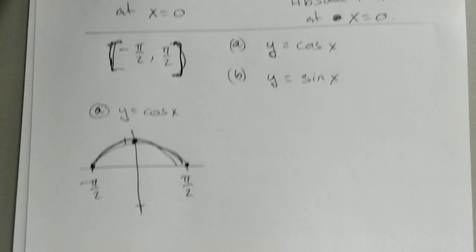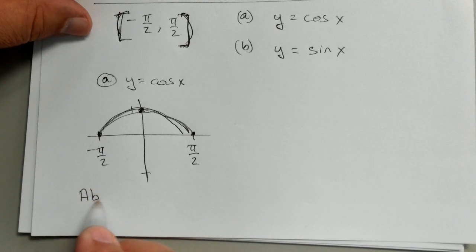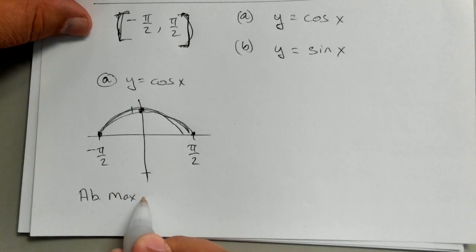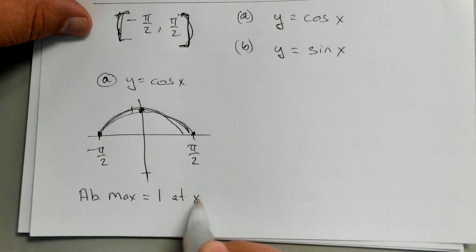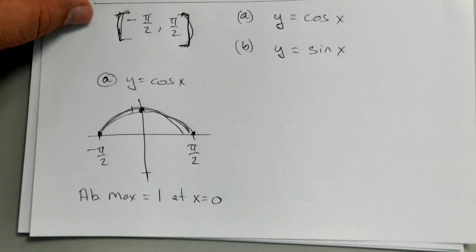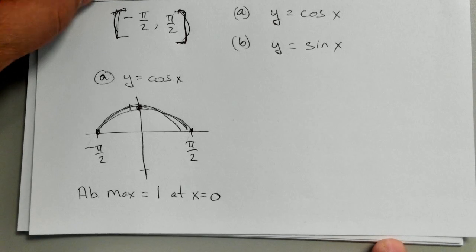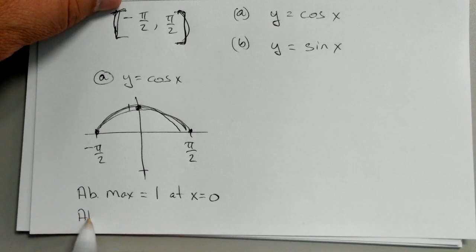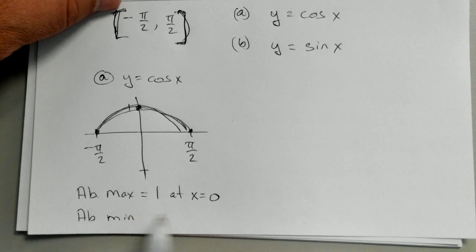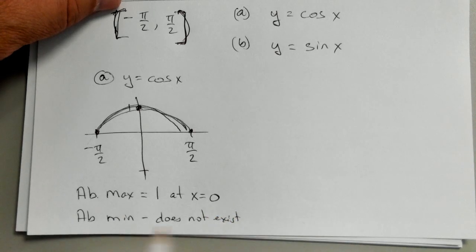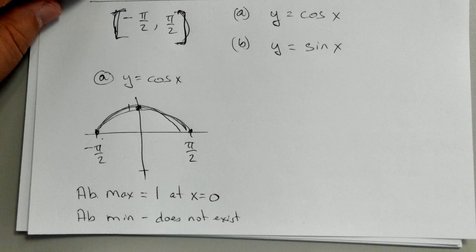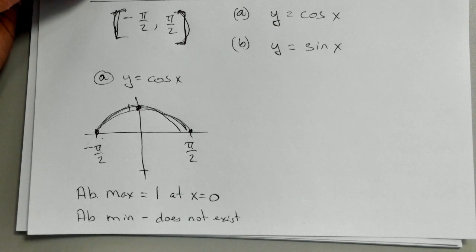Does it have an absolute maximum? Equals 1 at x equals what? Do we have an absolute minimum? Because in our domain we have two of them that have the same value. In order to be absolute, one value has to be greater than every one of them. Since we have two of them, there is no absolute minimum.